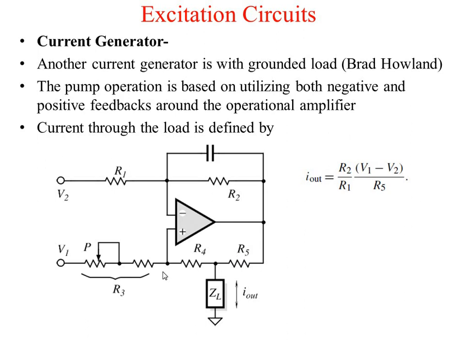What you are supposed to do is adjust R3 in such a way that R3 must be equal to R1 into R4 plus R5 divided by R2. If this is achieved, then we will get the current I out is equal to R2 upon R1 into V1 minus V2 upon R5. So this is how you will get the current, and this circuit was devised by Brad Howland.